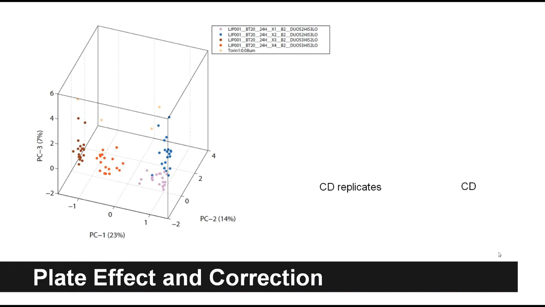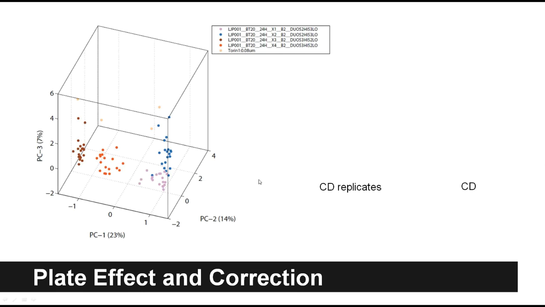If you do some preliminary analysis on any normalized level 3 data sets, you can observe what we call the plate effect. This is basically a PCA plot of the 4 replicates of this taurine 1 perturbation experiment. These 4 groups of dots are the controls that are in the same plate with each experimental replicate.